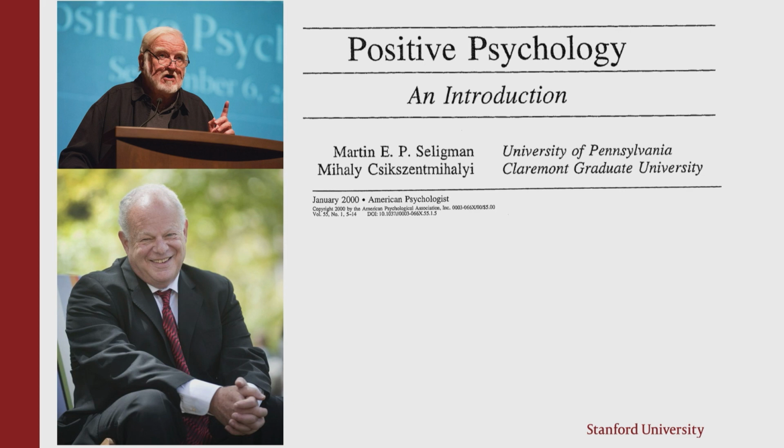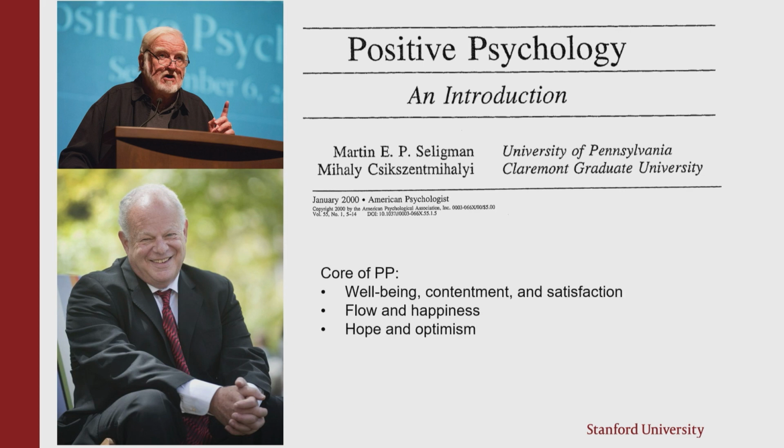And this paper has been cited more than 16,000 times. So what they think is that the core of positive psychology would be well-being, the contentment and satisfaction, and flow and happiness, as well as hope and optimism.